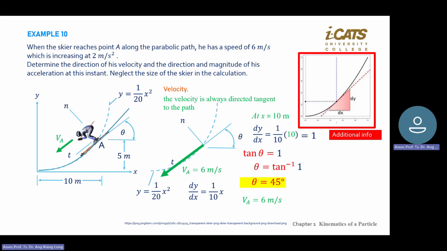X is here. This value. What does it mean? X here is your x value. The x value is 10. It means dy dx is what?